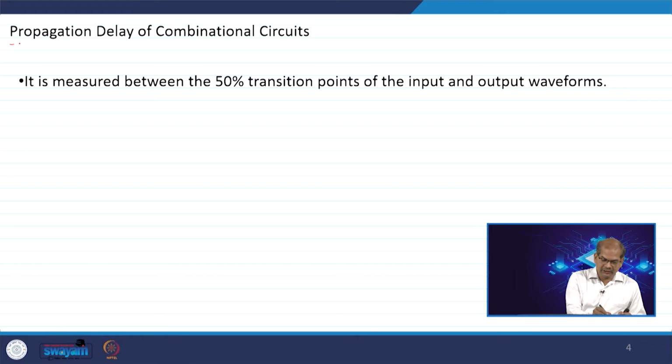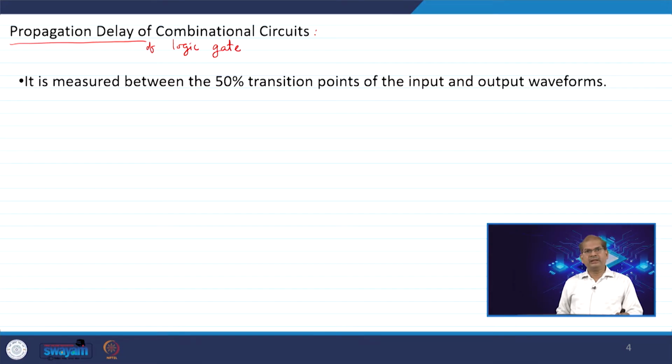One is called the propagation delay of a combinational circuit or a logic gate. We will first consider the logic gate, then go to the combinational circuit in this lecture itself.